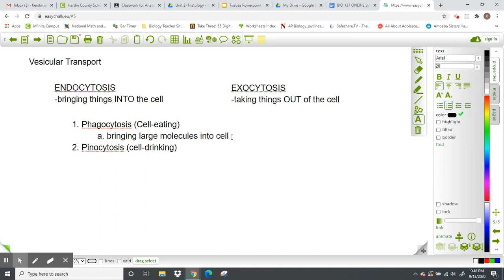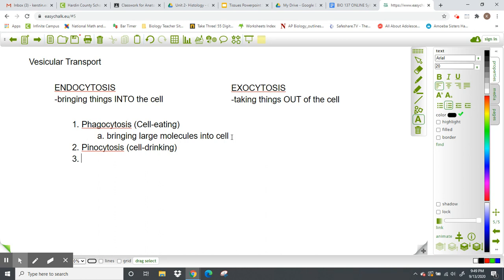The cell membrane, when it gets around the molecules it wants to bring in, is going to invaginate, or kind of cave in on itself. Eventually it's going to close itself off and create a vacuole inside. I remember this because pino sounds like peeing, and peeing is liquid. So pinocytosis is bringing in a liquid, whereas phagocytosis is bringing in large molecules to eat, essentially.